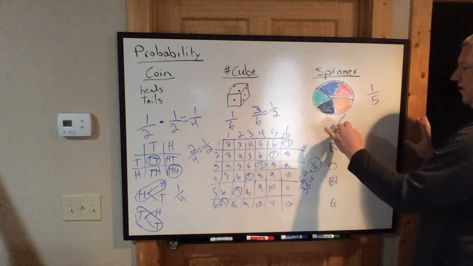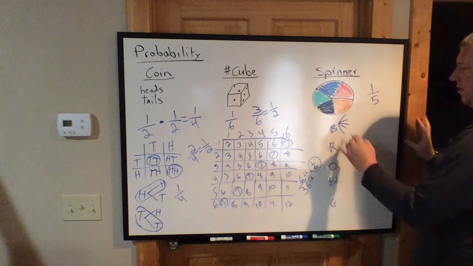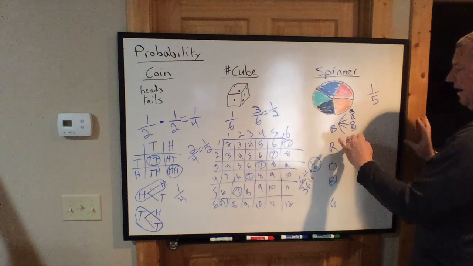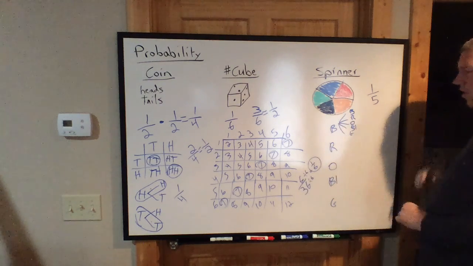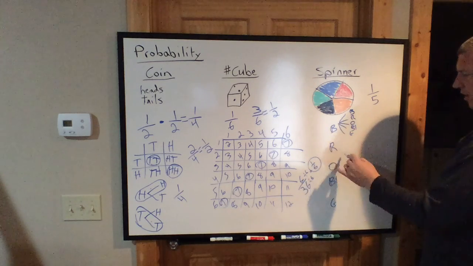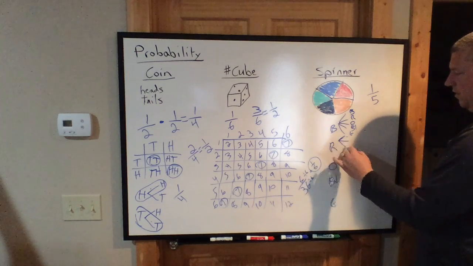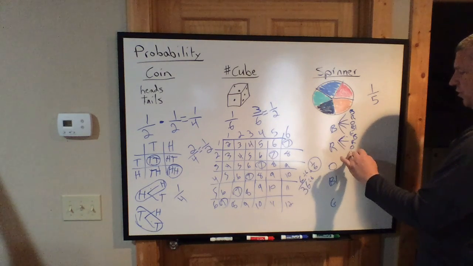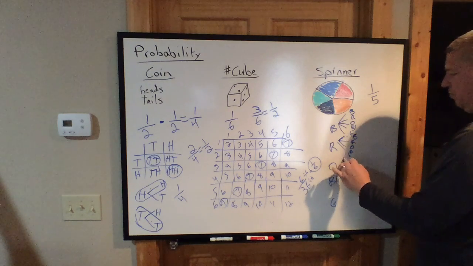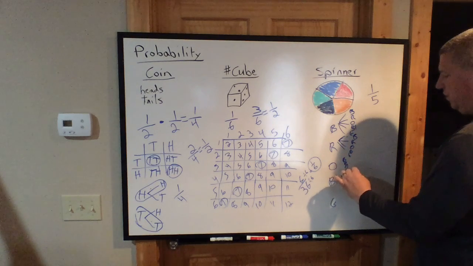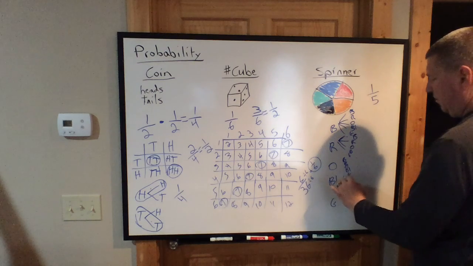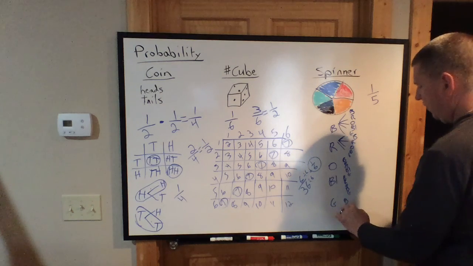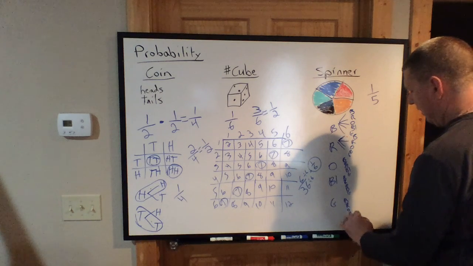Now off of each of these, we have again blue, red, orange, black, and green, and the same thing with all of them.